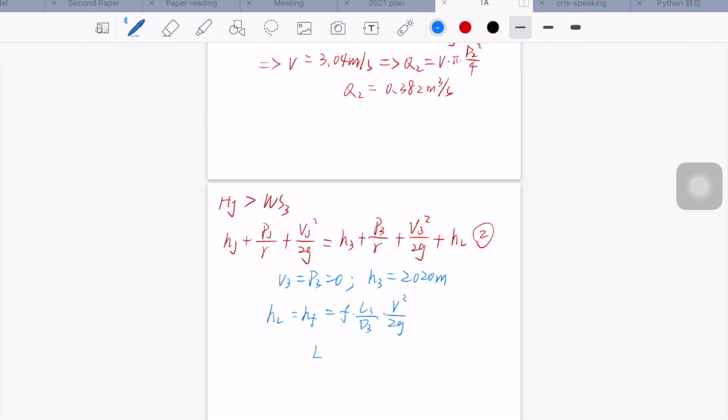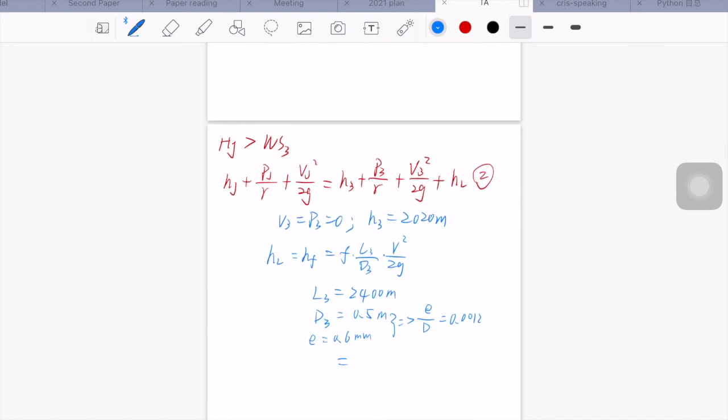We know from the problem the length of pipe 3 equals 400 meter, the D3 equals 0.5 meter, and e is 0.3 millimeter. So we also know e divided by D equals 0.0012. And from the Moody diagram, we can find the f equals 0.021.